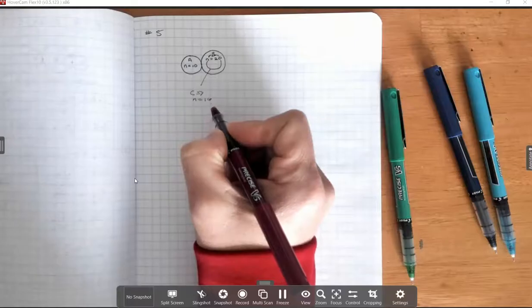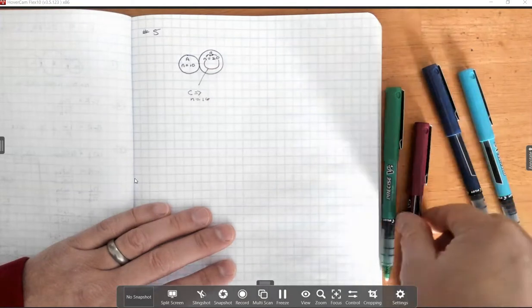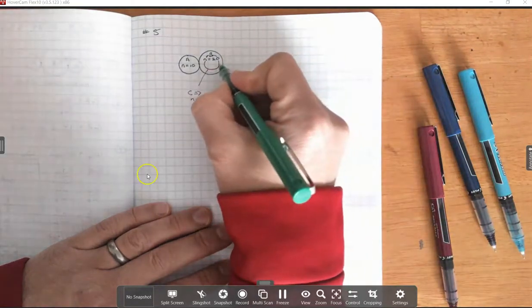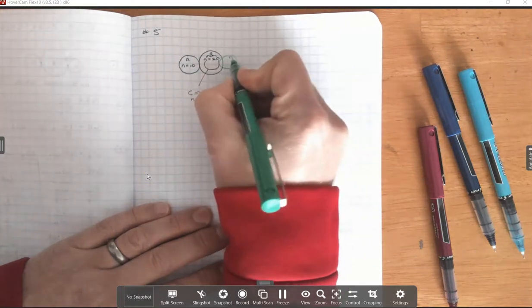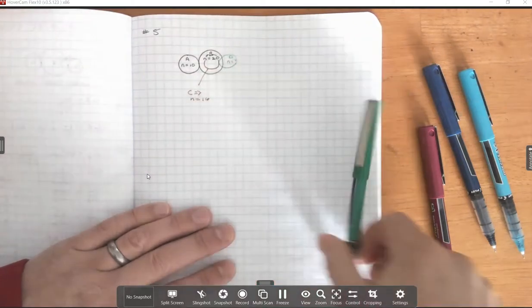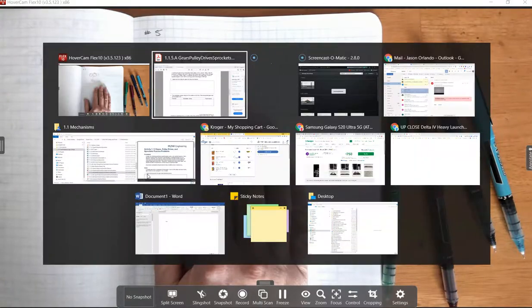Let's see, I'm trying to get, okay. And then you've got gear D with an unknown number of teeth. Okay, so there's us sketching and kind of annotating. Okay.